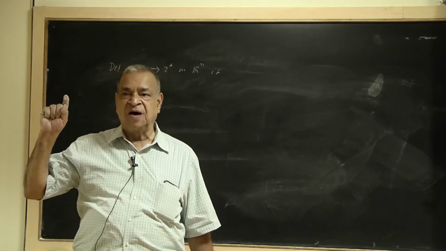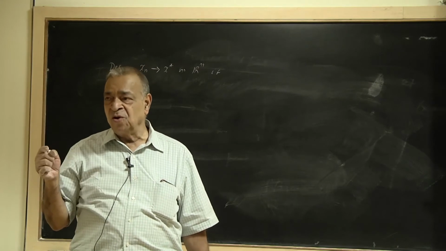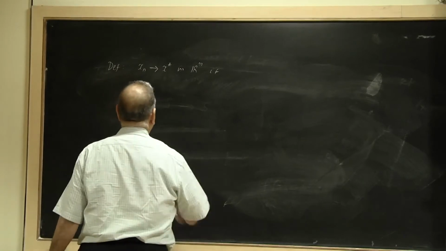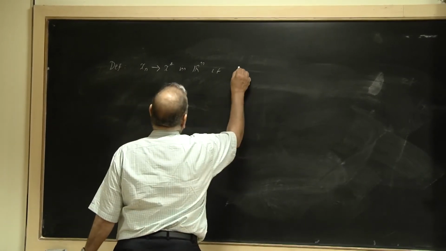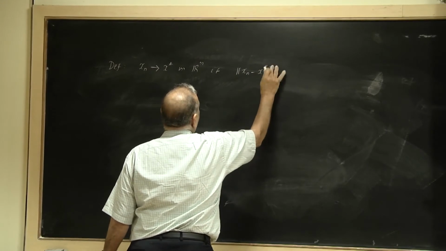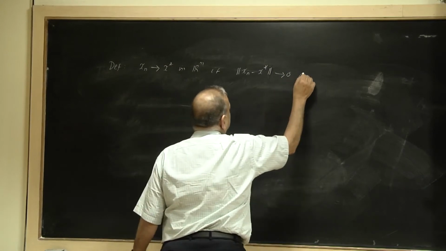How many people know the norm of the vector? Please raise your hand. A reasonable number know. If you don't know, please come back to me, I will explain. If norm of xn minus x star as a number goes to 0 as n tends to infinity.